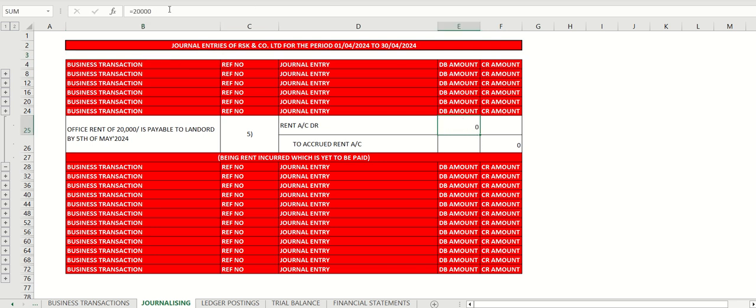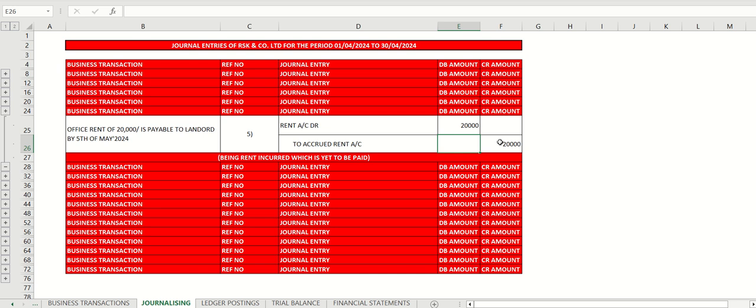What is the rent amount? 20,000 is the rent amount. So this rent is supposed to be shown under accrued rent. We will not credit the bank account, because the rent has been incurred for that particular accounting period, however it is yet to be paid to the landlord. Due to that reason, we credit the accrued rent account.